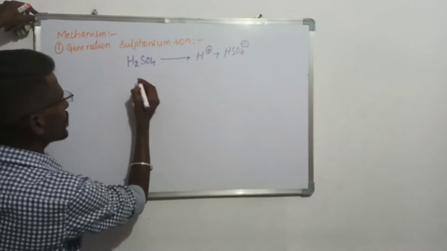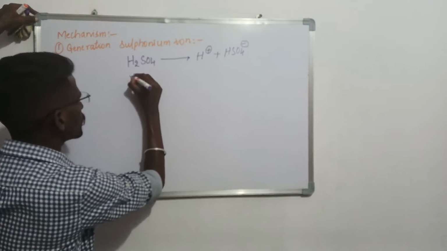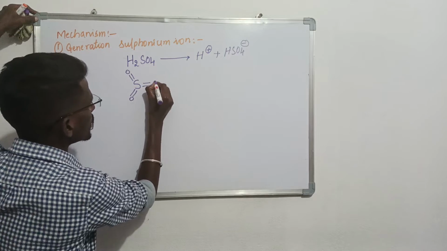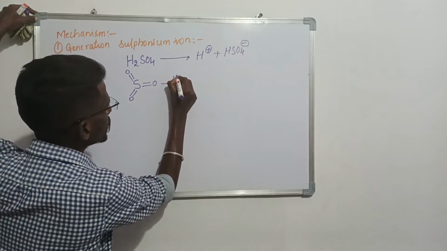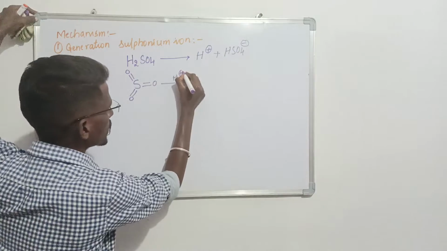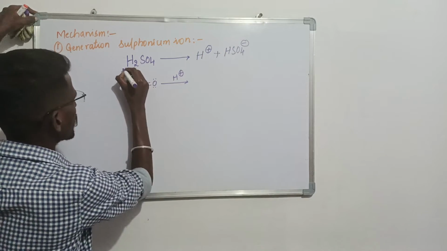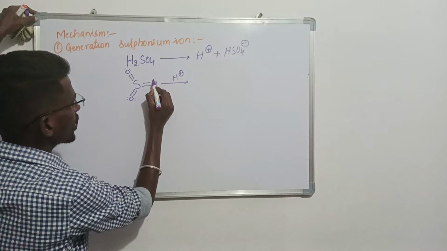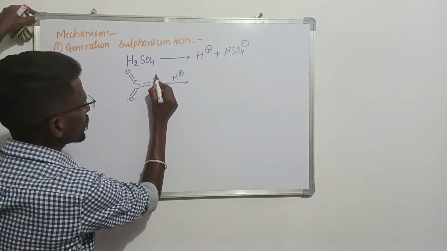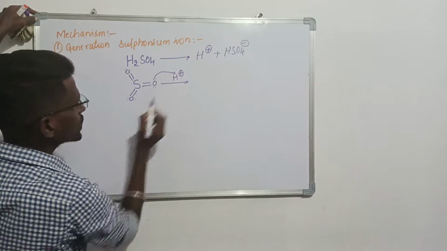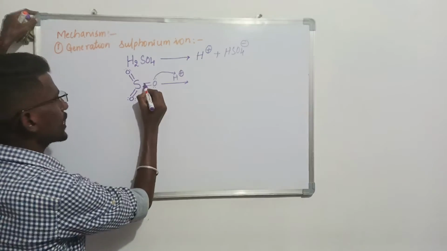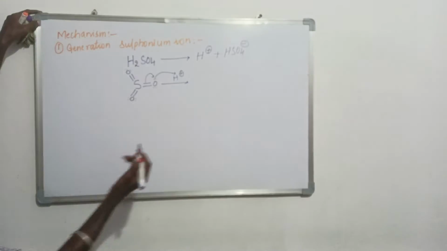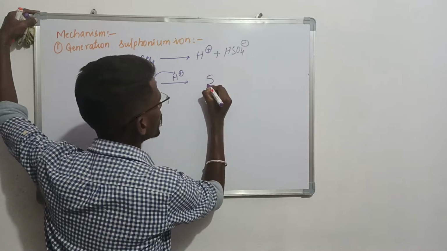Then this H plus ion reacts with sulfur trioxide. The oxygen has a lone pair of electrons, and these lone pair electrons capture the proton, and the electrons are shifted towards the oxygen atom.